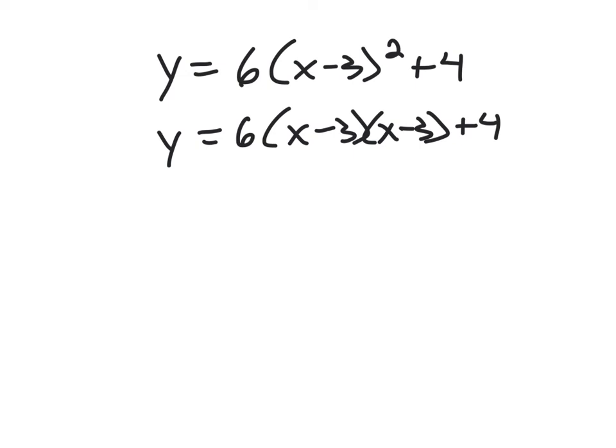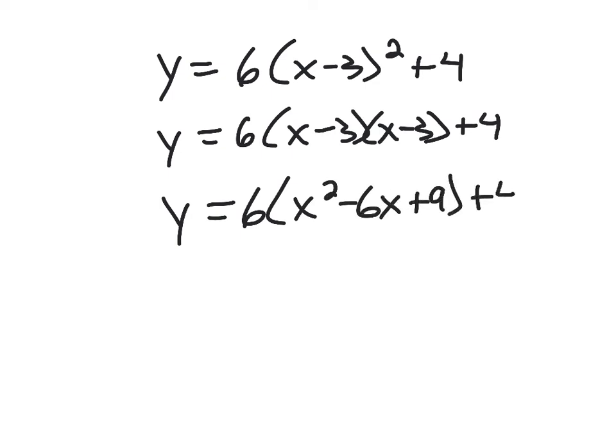Now what we have is y equals 6 times x squared minus 6x plus 9, and then plus 4. So what we have to do now is the distributive property, where we multiply this 6 times the x squared, the negative 6x, and the plus 9.